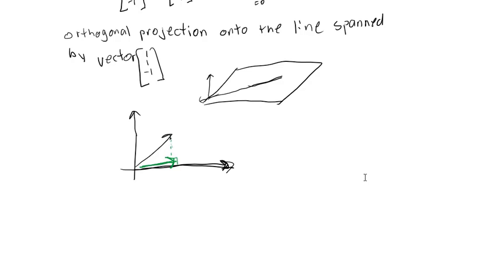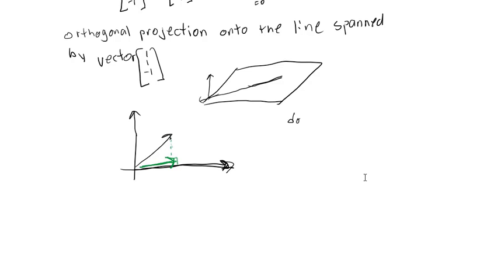Okay, so we notice in our particular problem that we are supposed to transform onto a line spanned by that vector. Now, also we might notice that the domain and the target space are both planes.